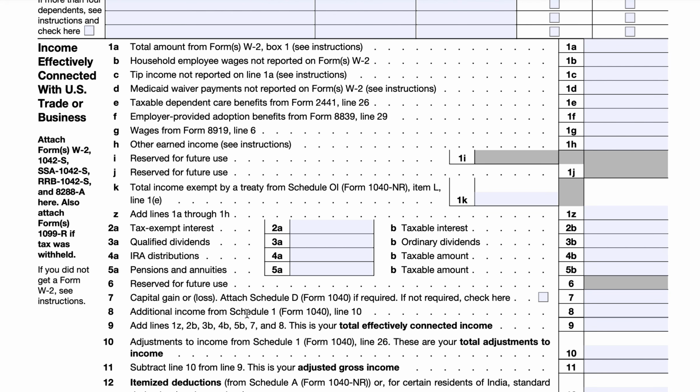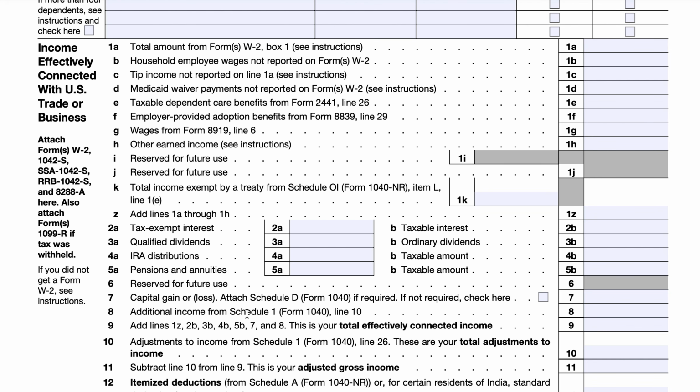There are passages to IRS Form 1040-NR, the instructions that talk about NR specific tax items, but a lot of those instructions also go back to the Form 1040 instructions, and we'll kind of make a distinction on which ones you should pay attention to.